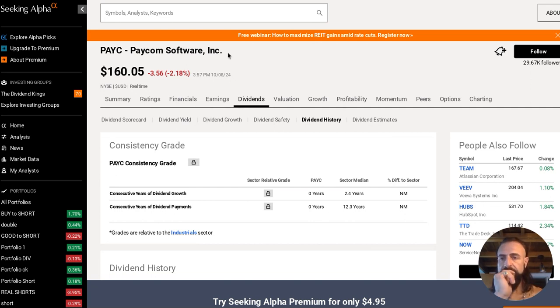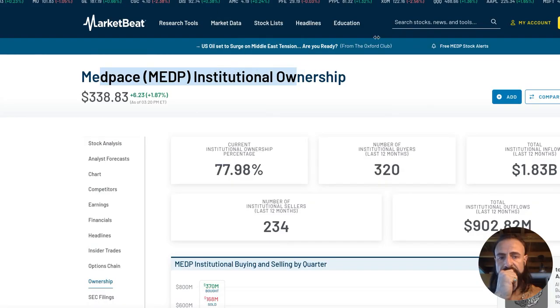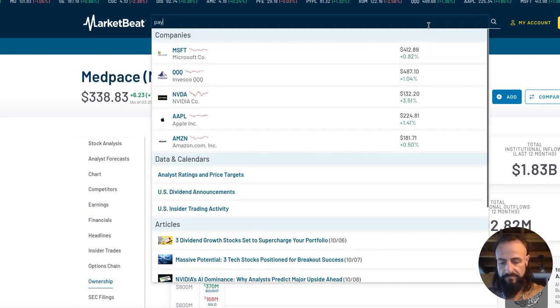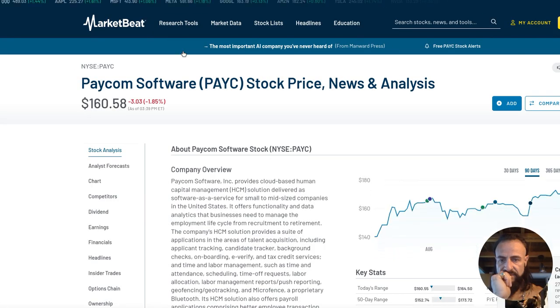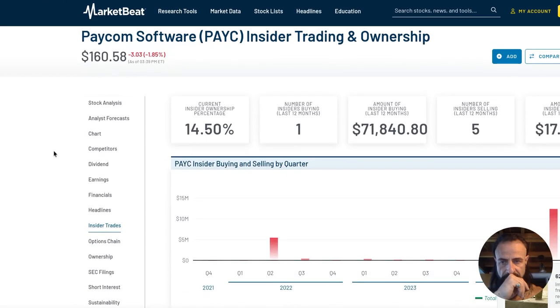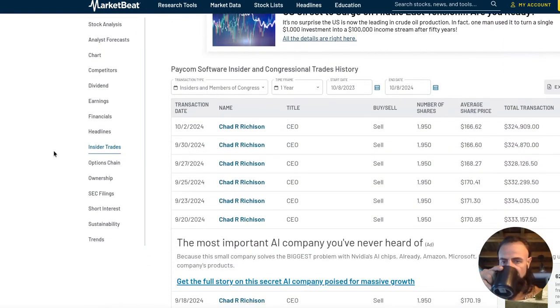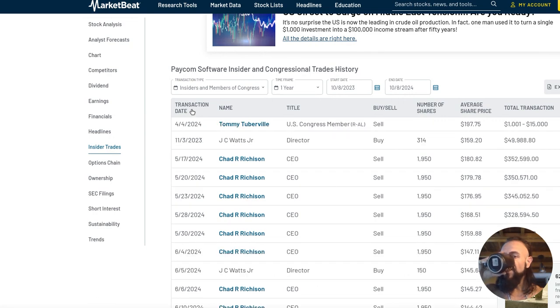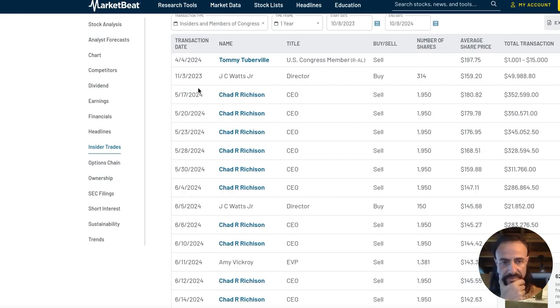Going back to it, I also want to look at the insider trade of that. They've been selling. Buying in 2023 in November.